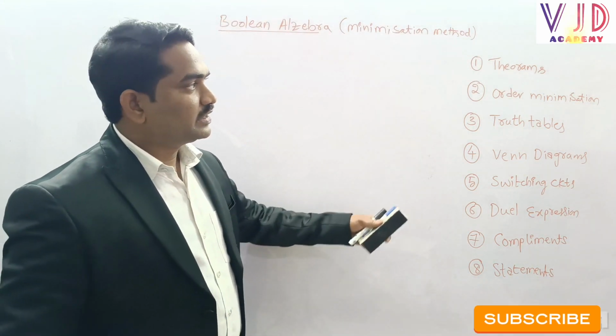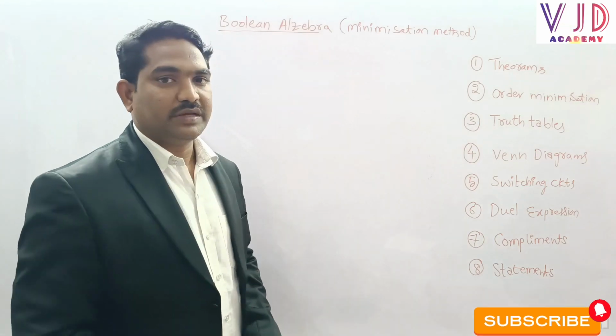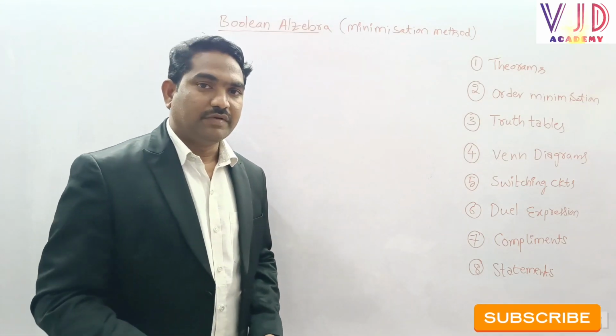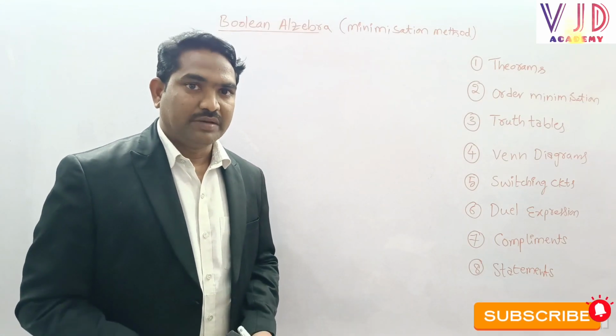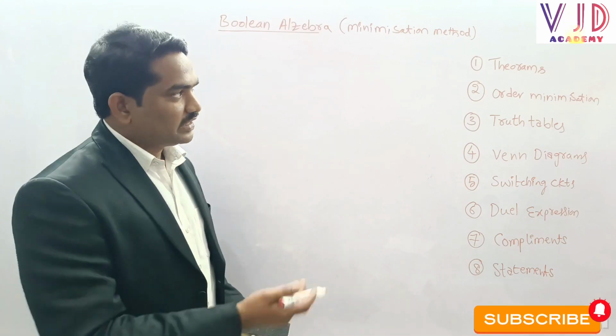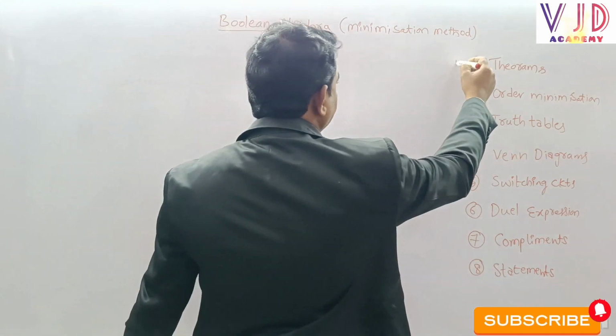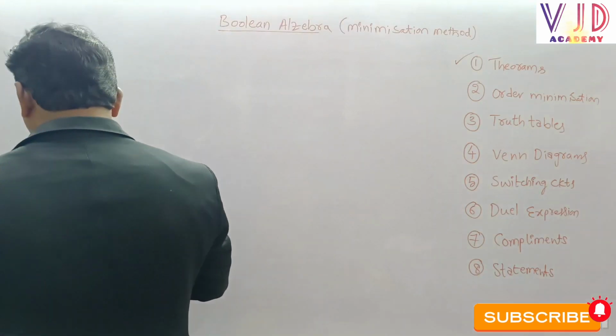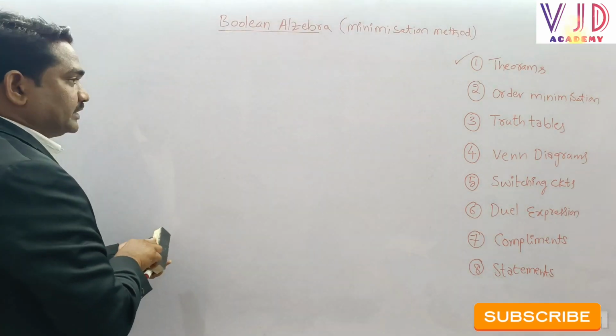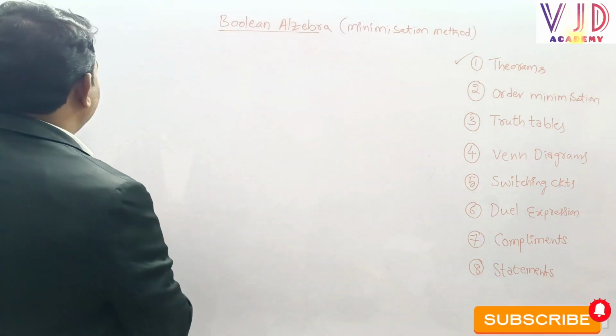Let us try to understand each and every subtopic in Boolean algebra, and then we will try to minimize the logical expressions. Let me take the first concept, theorems. Basically we have 7 types of theorems of Boolean algebra.